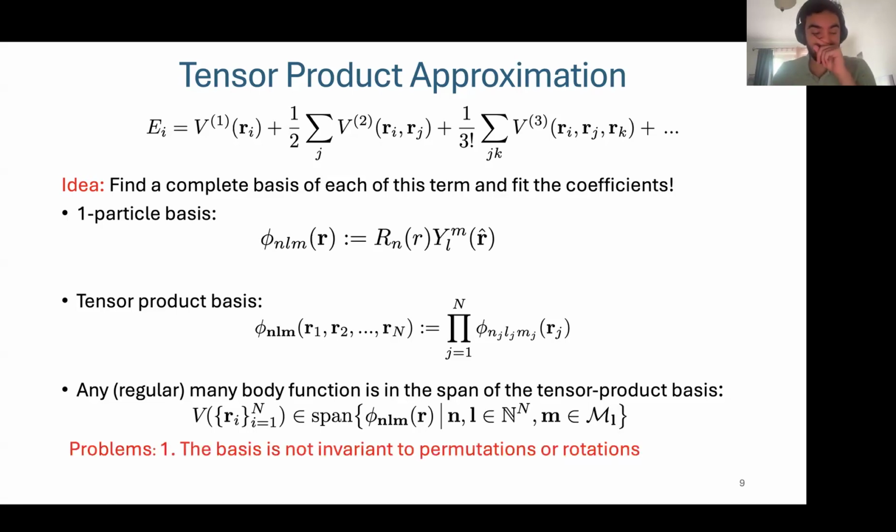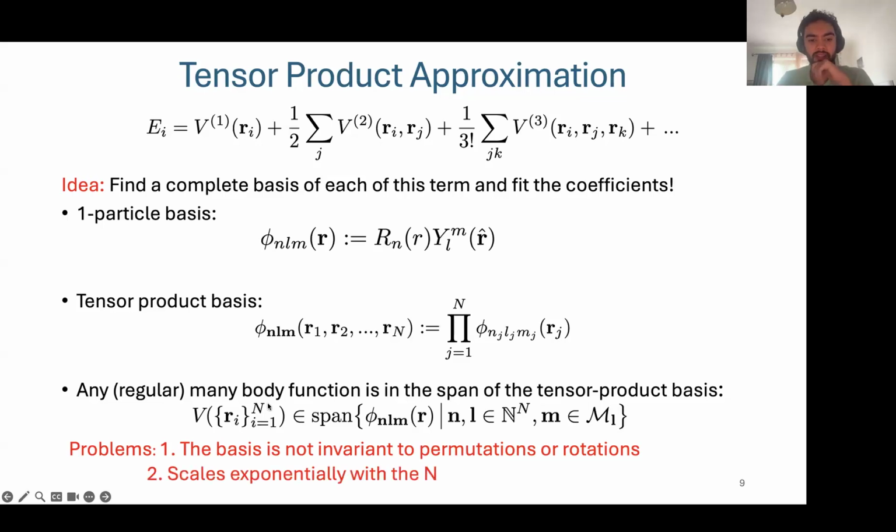But the problem with that is that it doesn't follow two of the key properties that we would like. First, it's not invariant to permutation and rotations. The final basis is not symmetrized, and also when you scale the body order, it scales exponentially. So you cannot go very high in the body order. And just to give an idea, a model like MACE today, to be the most accurate, has to go to body order 13 or 14.